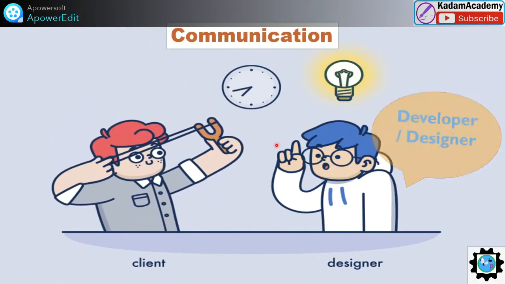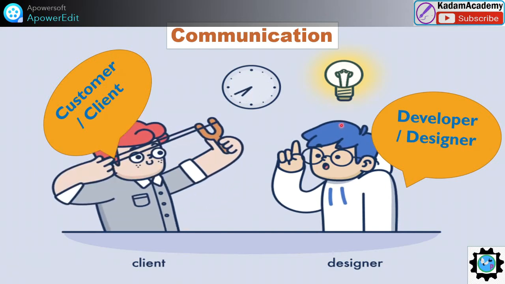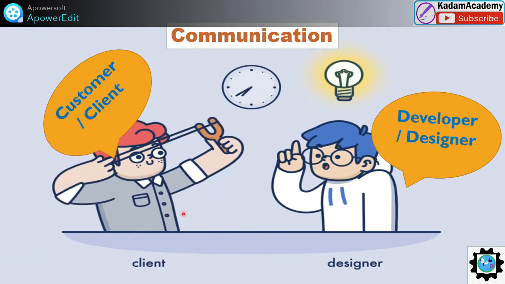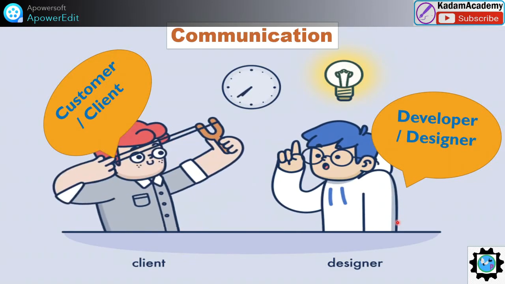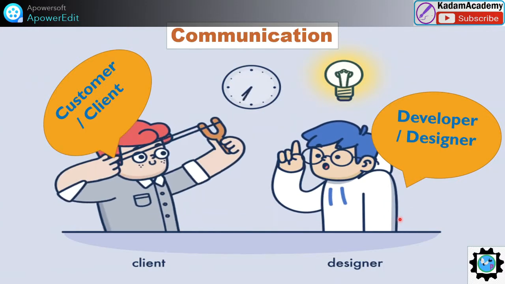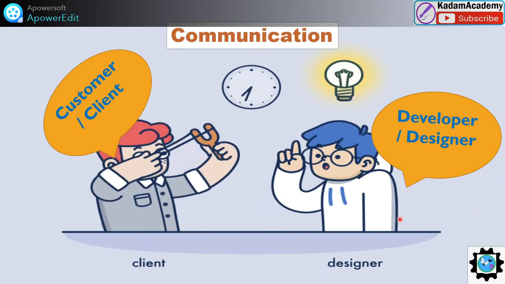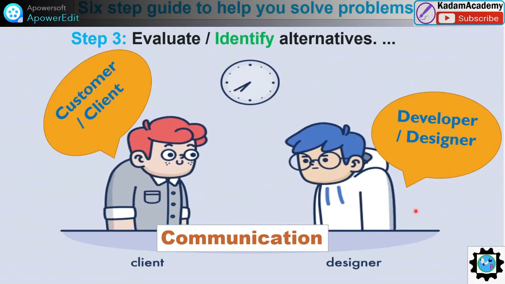Whatever idea you generated, you have to communicate to the client or customer, as a developer and designer. What is our second step? Understand the problem definitely correctly. So that is why this communication is important.